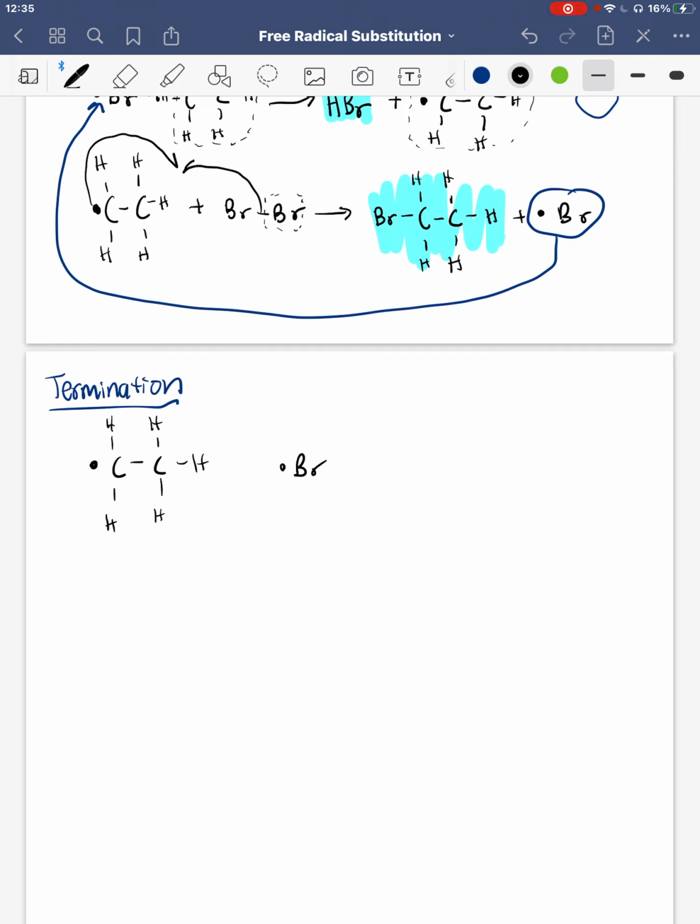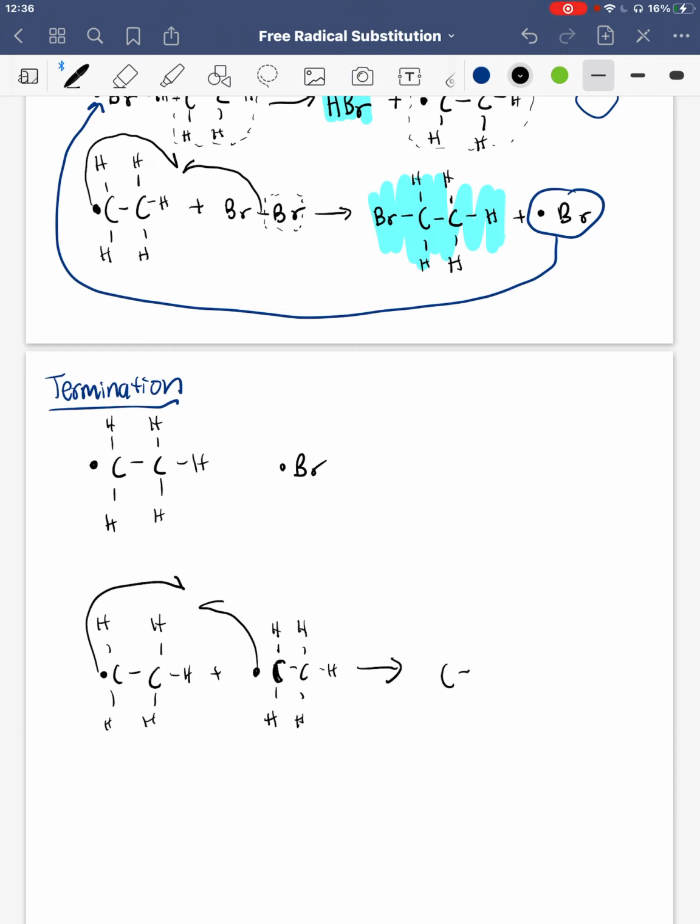So I could have two ethyl radicals combined. Ethyl radical plus another ethyl radical. Lots of drawing here. These guys could combine. What would I form there?